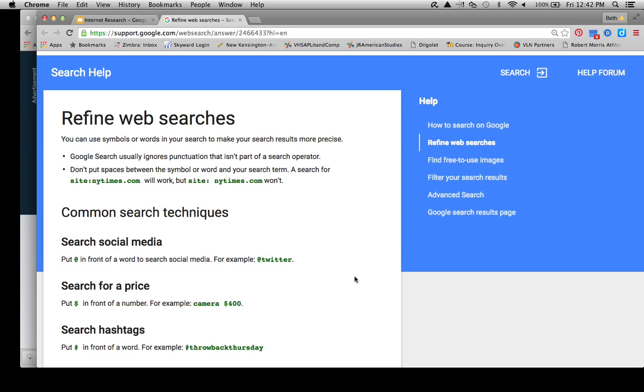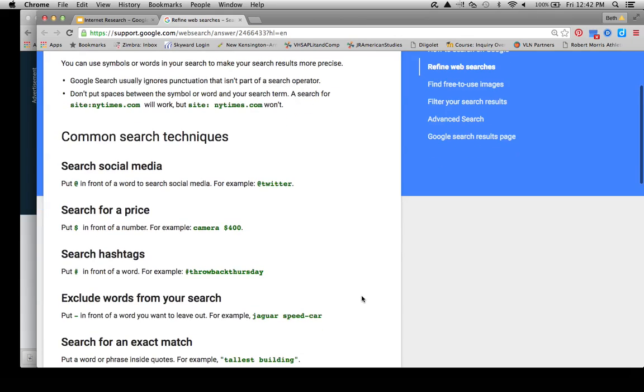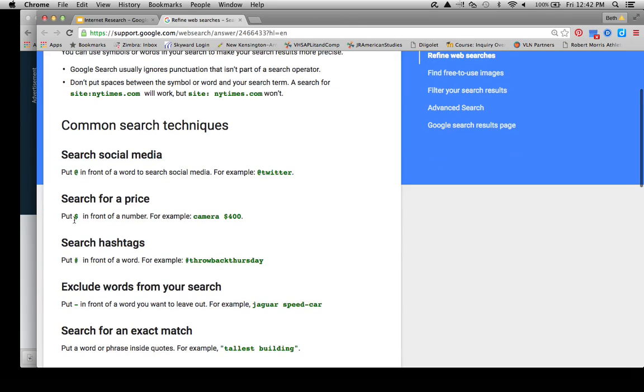I could put @Hillary Clinton, and that would search social media specifically for that. If I want to search for a price, I could put the cash symbol in front of the number. If I'm looking for a hashtag, this would also search Twitter. Sorry to go back, up here I could do @Facebook. So that would search a different kind of social media.